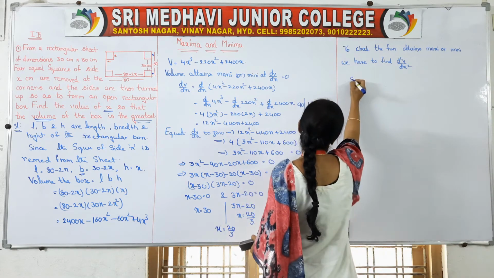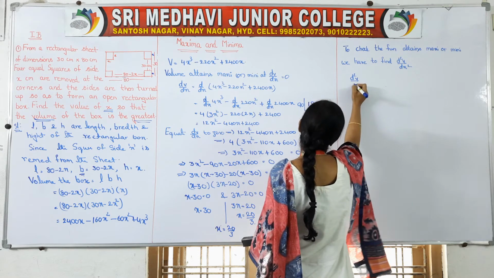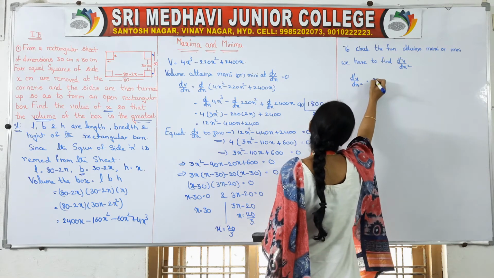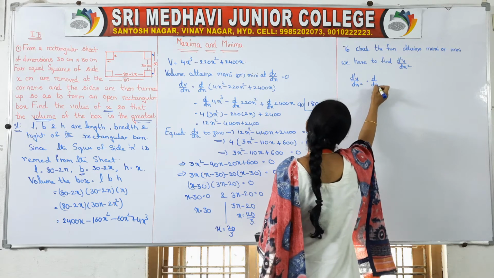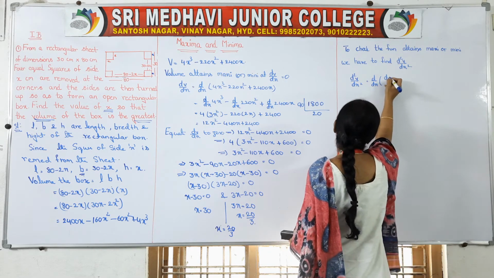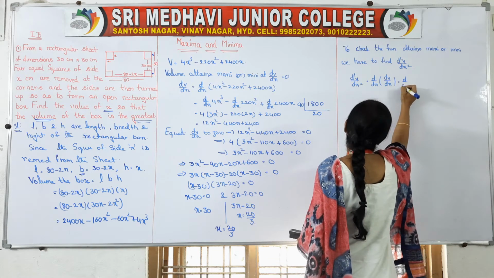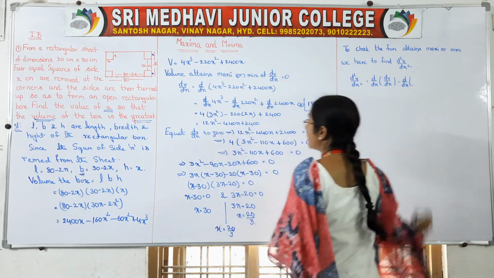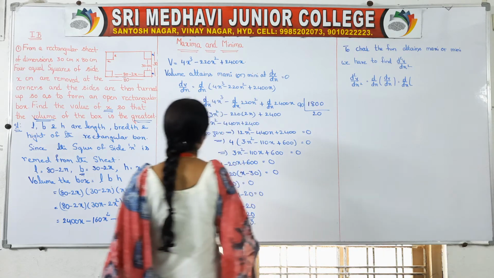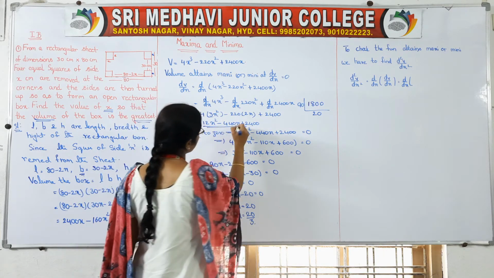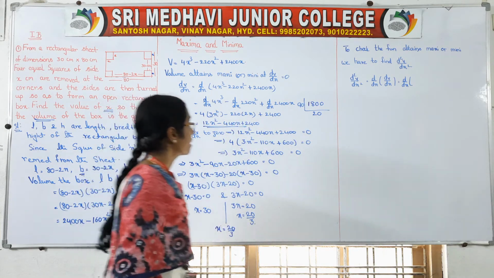So d square V by dx square is equal to d by dx of dV by dx. What is our dV by dx? This is our dV by dx.